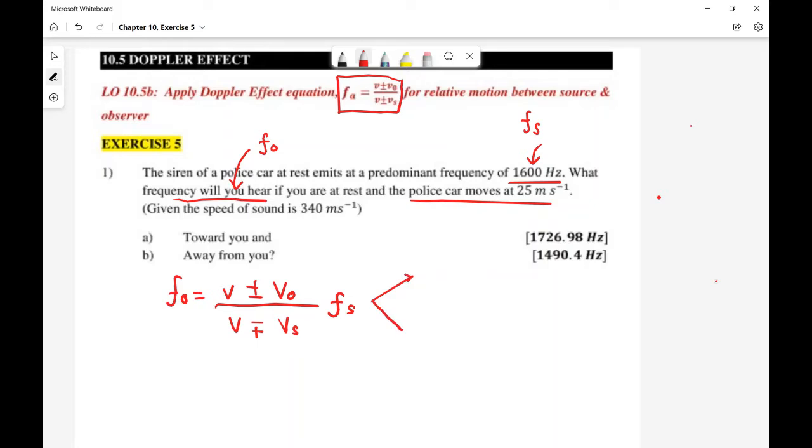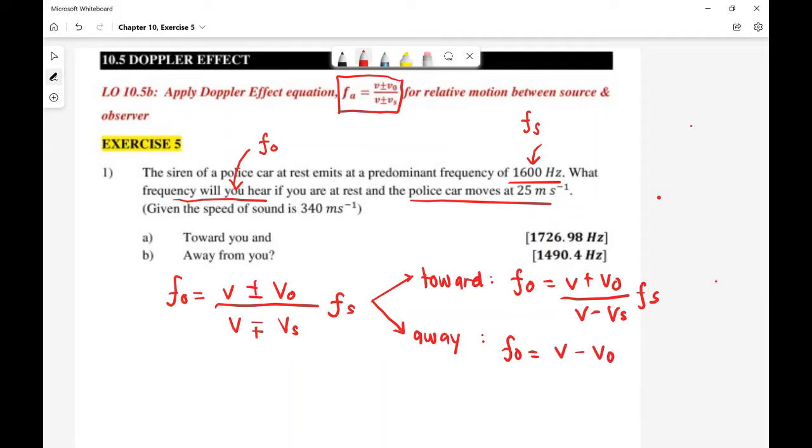Untuk move toward, kita akan pakai sign convention yang atas: FO equals V plus VO over V minus VS times Fs. Kalau move away, kita akan pakai sign convention yang bawah: FO equals V minus VO over V plus VS times Fs.